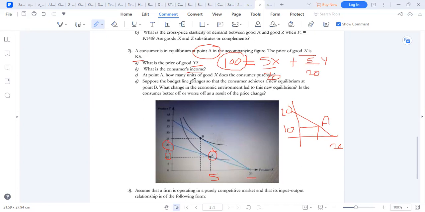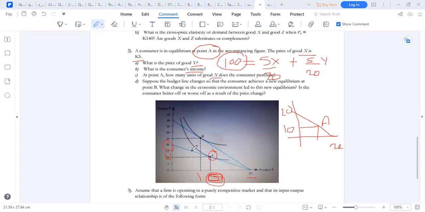Then at point A, we are told how many units of good X a consumer must purchase. So what we've calculated is just the price. At point A, we have 10 units of good Y. To find the units of good X, at equilibrium these units should also be 10 units, ideally, but we'll prove it.